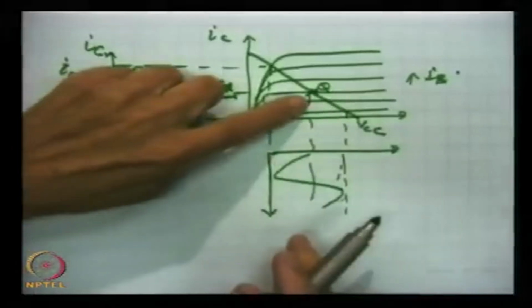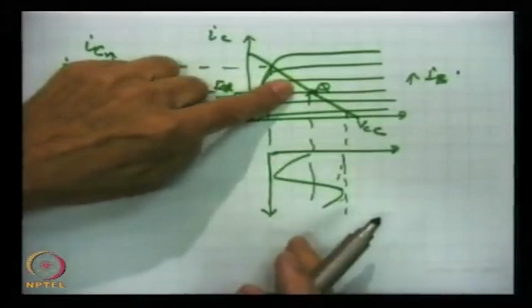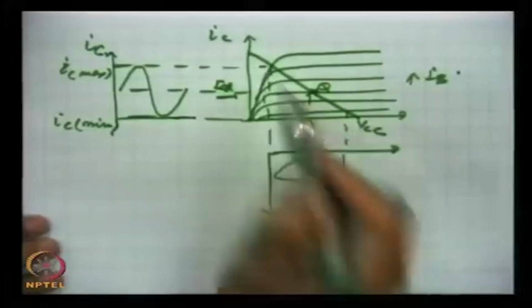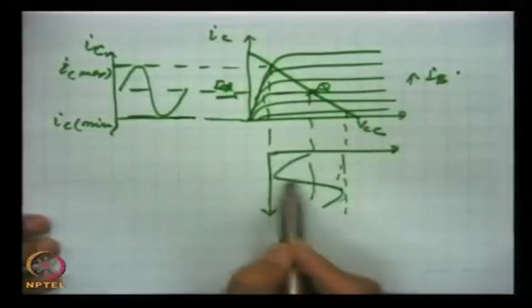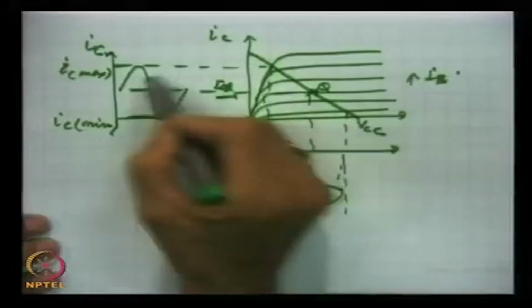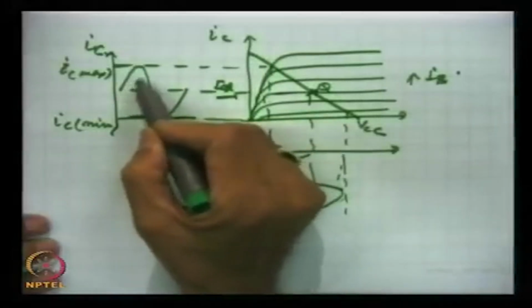If it is towards the saturation point, then part of this voltage will result in a distortion, and that distortion will be like this.